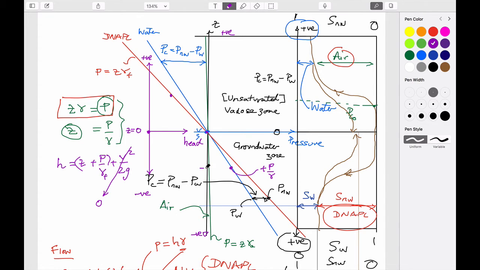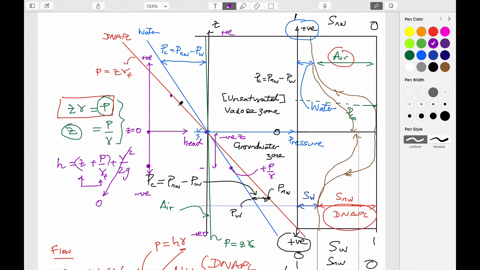But the distance here is going to be equal to negative Z. And so when we add these two terms together, a positive value for this, a negative value for this, they're going to be exactly equal to each other, right? Because this is the head at this point in the swimming pool. So if you like, the head at this point is going to be 0. They cancel out.